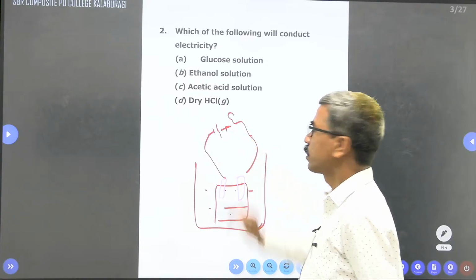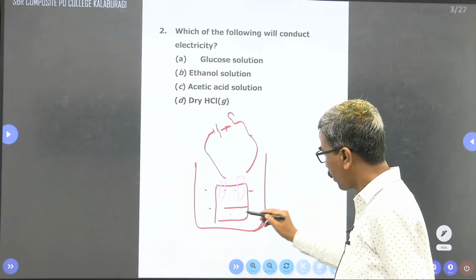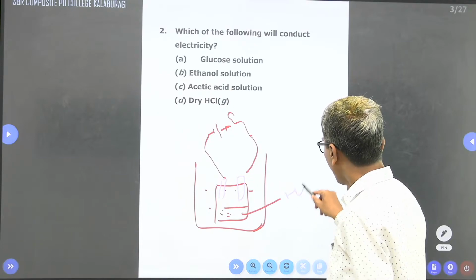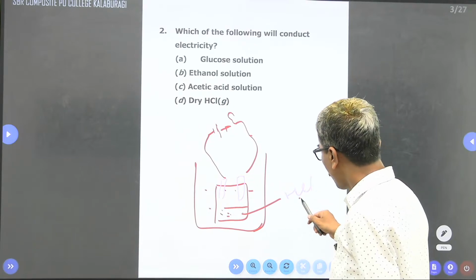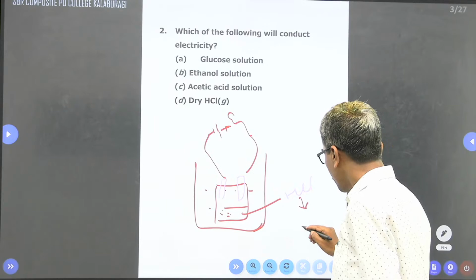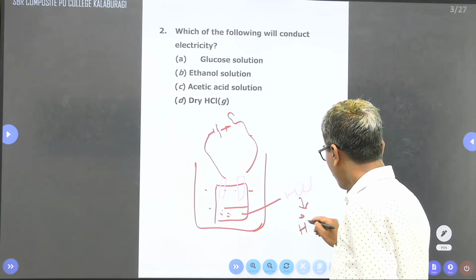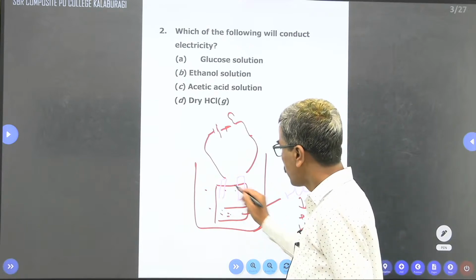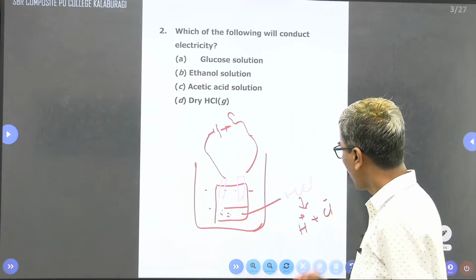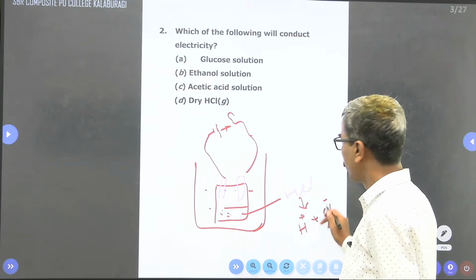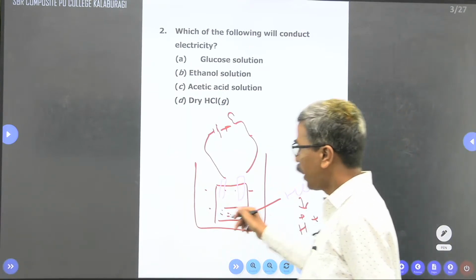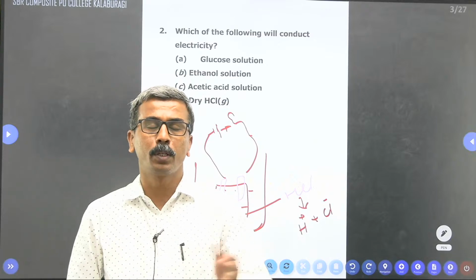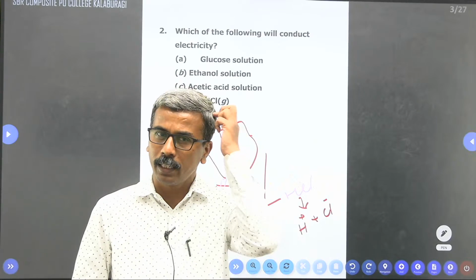Now, when you take an aqueous solution of the acid, here HCl, it gives H plus and Cl minus. Because HCl forms these two ions, H plus and Cl minus, and ions are responsible for conducting, because the flow of electrons is nothing but electricity.